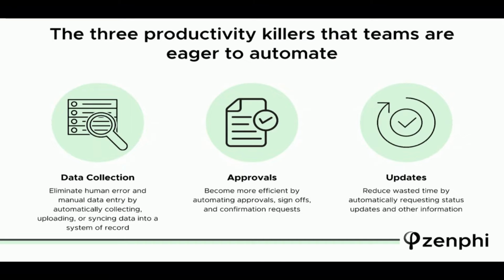So I just wanted to show you the last two research studies. They're really great. The first one was done by Smartsheet, and they asked employees what productivity killers they would like to automate, and it turned out it's data collection, approvals, and updates.